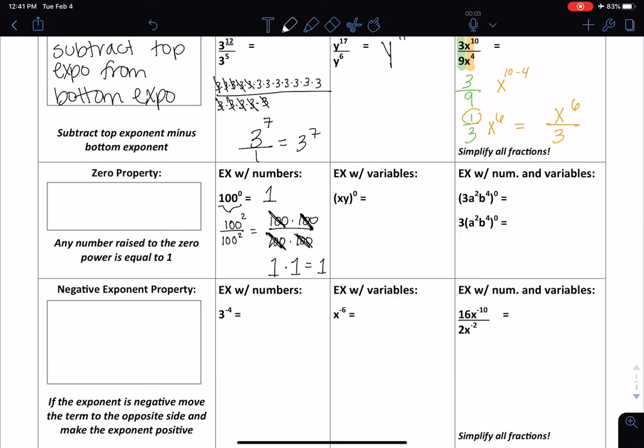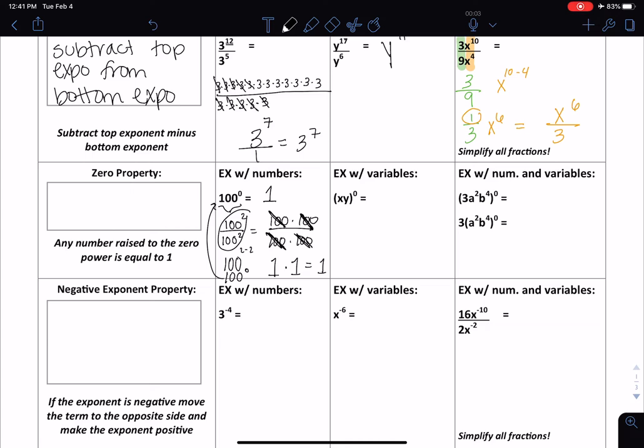Okay? And it doesn't matter which exponents I picked for the squared, as long as they're the same on the top and the bottom. Like we said, on division, I can rewrite this by subtracting my exponents. 2 minus 2 is 100 to the 0 power, which is the same thing I just got here, which is 1.